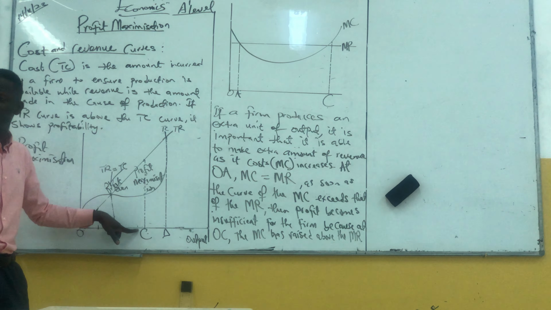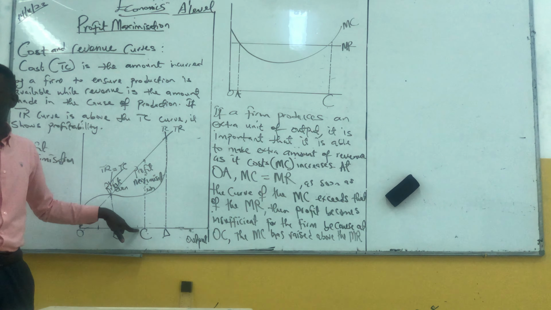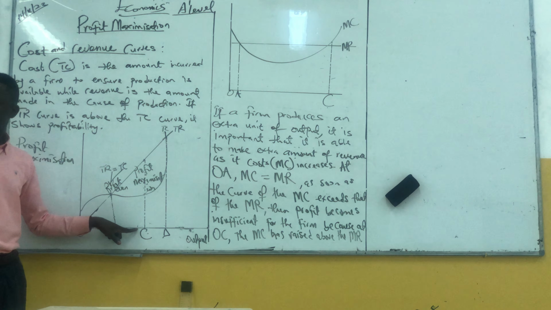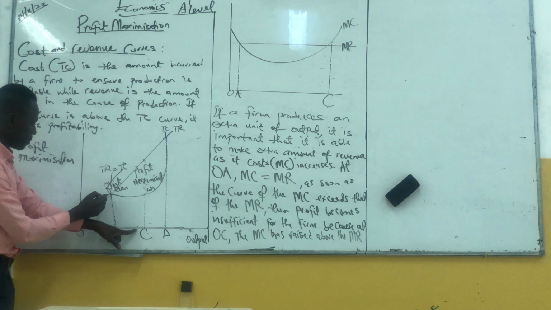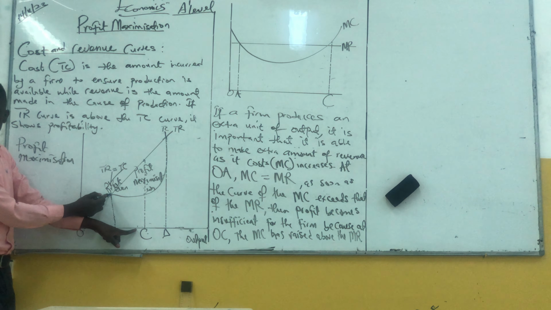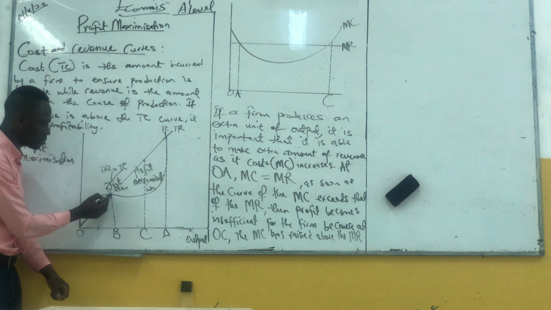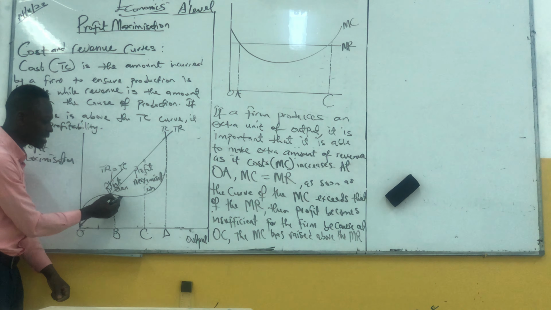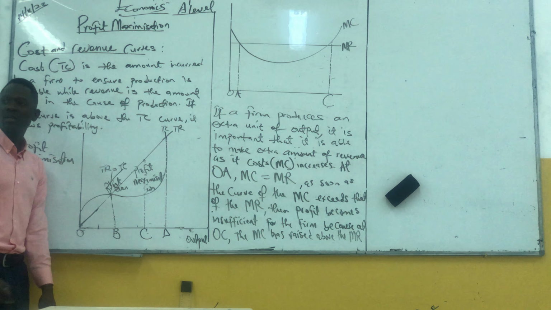So as your output increases, your total revenue should increase and your cost should fall. At this point, the cost starts falling. At the break-even, the cost is linked up to the revenue. But afterwards, the total cost starts falling and the total revenue starts increasing.